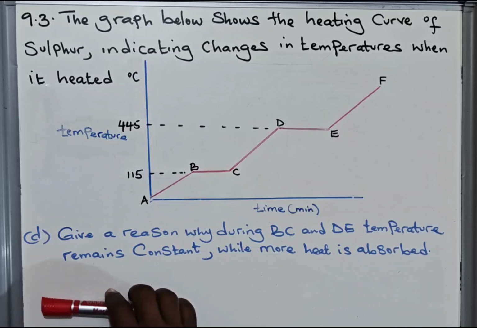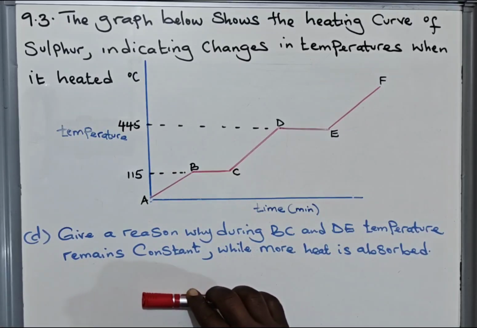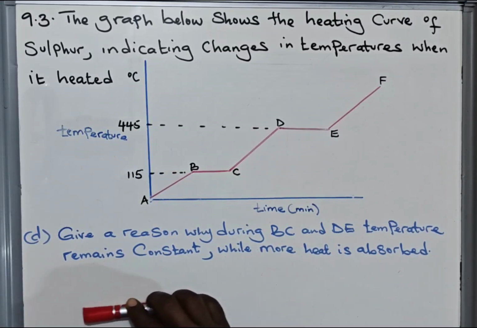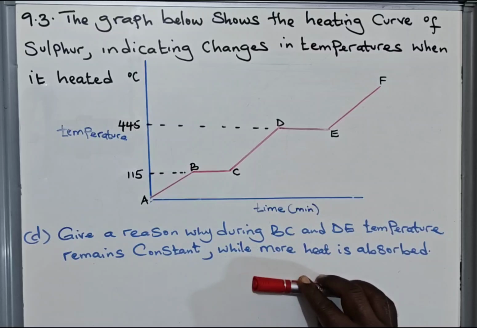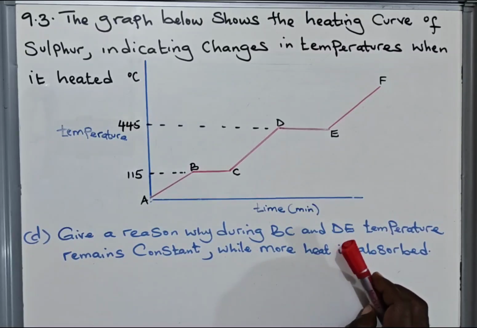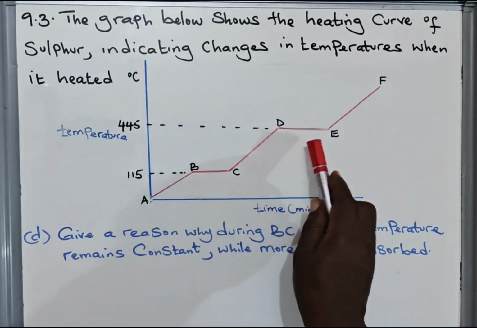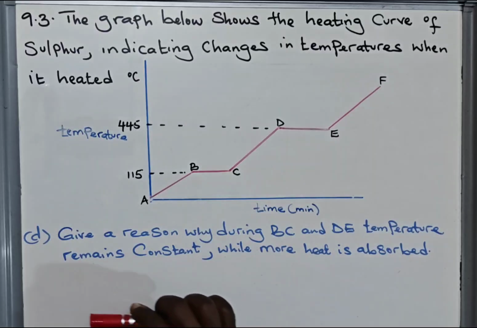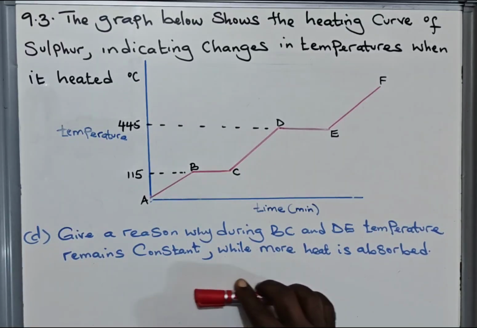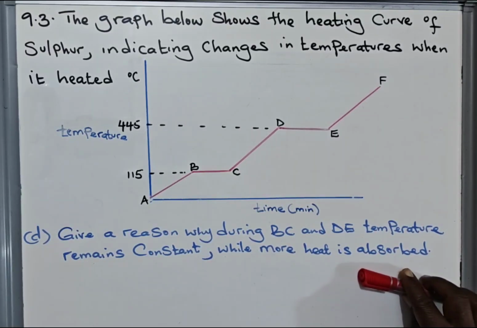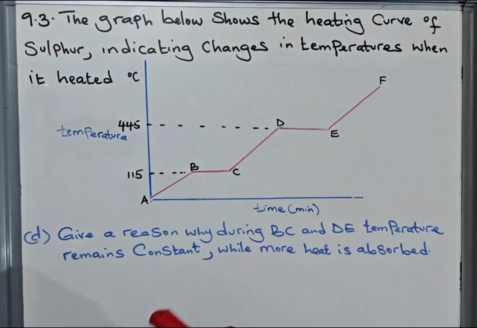Then we come to this question. It says, give a reason why during BC and DE, temperature remains constant while more heat is absorbed. Heat is being taken in, but temperature remains constant. What is the reason?